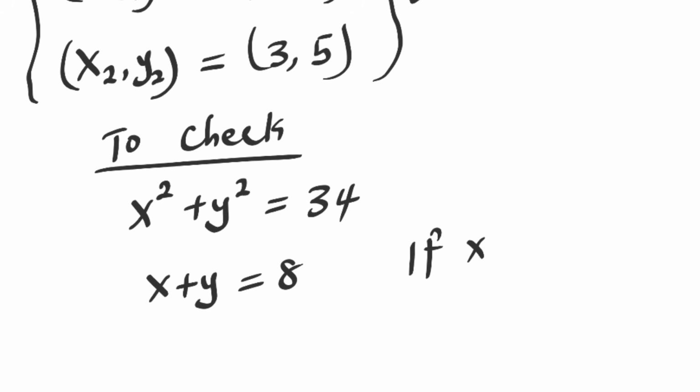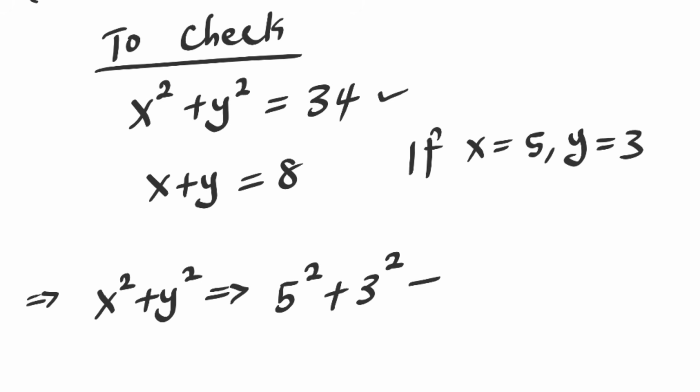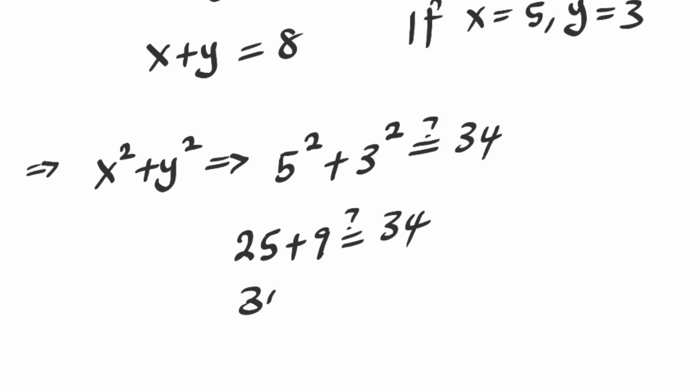If x is equal to 5 and y is equal to 3, let us consider this. We have x squared plus y squared can be written as 5 squared plus 3 squared must be equal to 34. 5 squared, this is 25, plus 3 squared, that is 9, must be equal to 34. 25 plus 9, this is 34, is equal to 34, which is true.